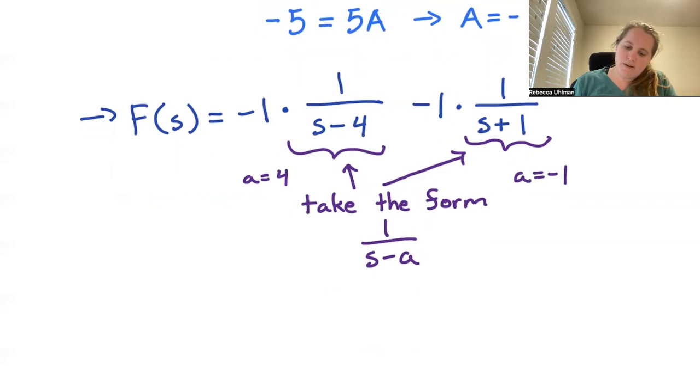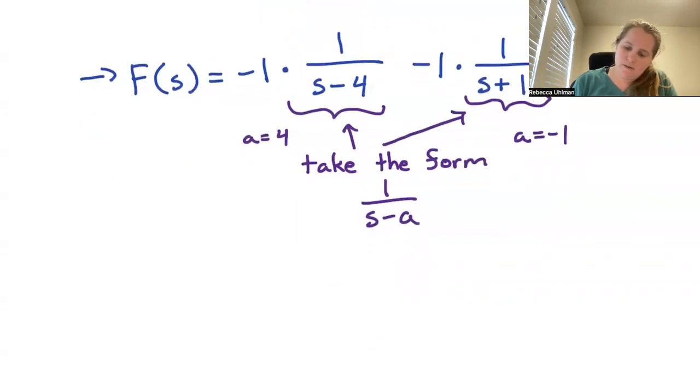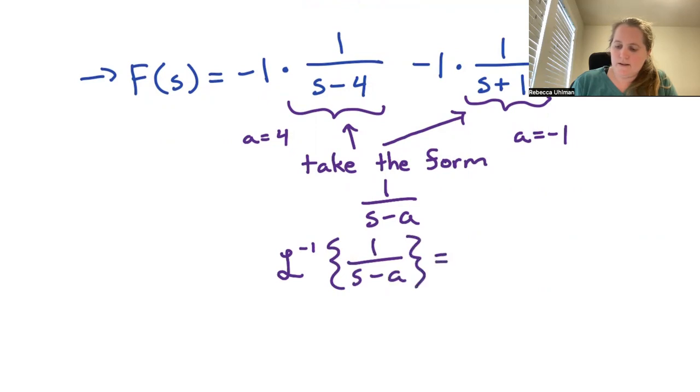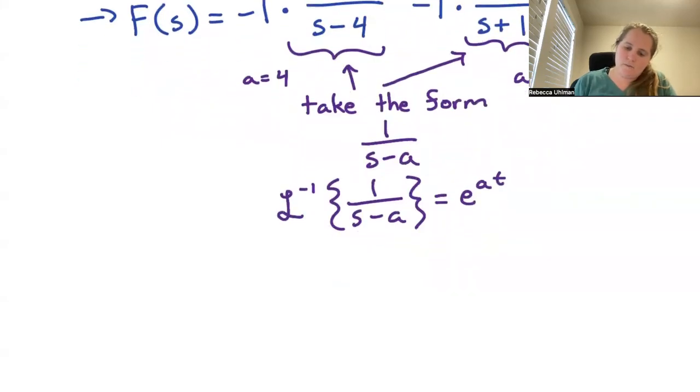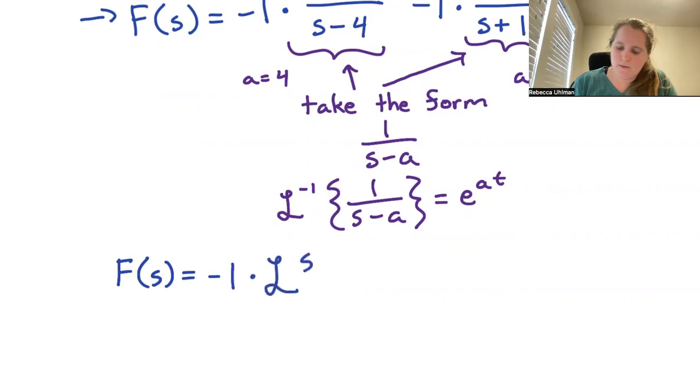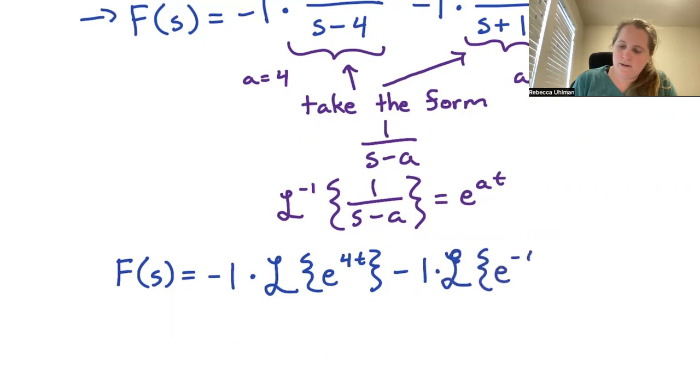So we know that the inverse Laplace transform of 1 over (s minus a) is just e to the at. So we have F(s) equal to negative 1 times the Laplace transform of e to the 4t, minus 1 times the Laplace transform of e to the negative t.